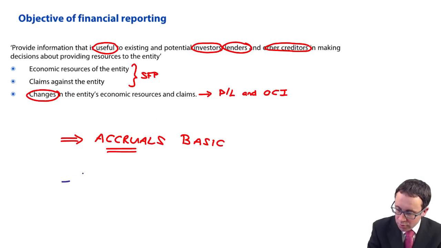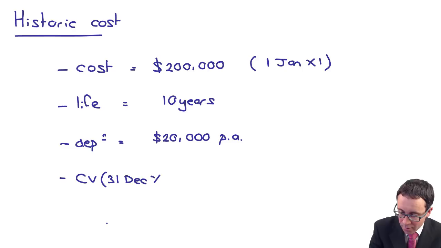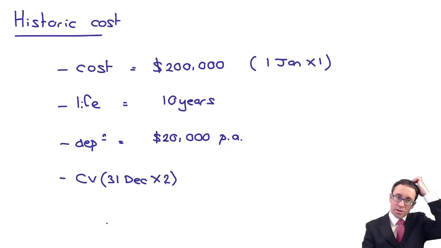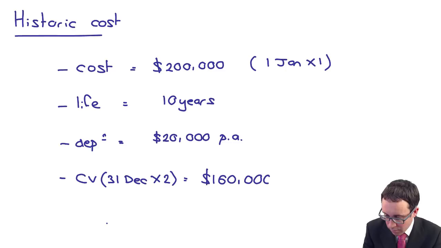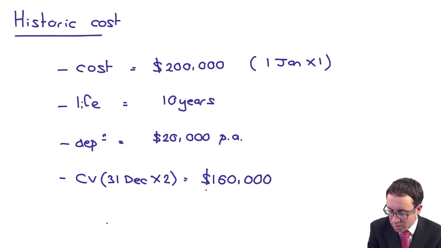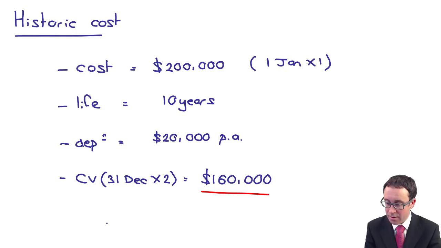So if we work out the carrying value at, say, the 31st of December X2, so 2 years down the line, we'll have charged 20,000 in X1 and 20,000 in X2. So the carrying value of my asset under the historic cost convention is 160,000, isn't it? Okay. Is that okay? Yeah, it's fine.